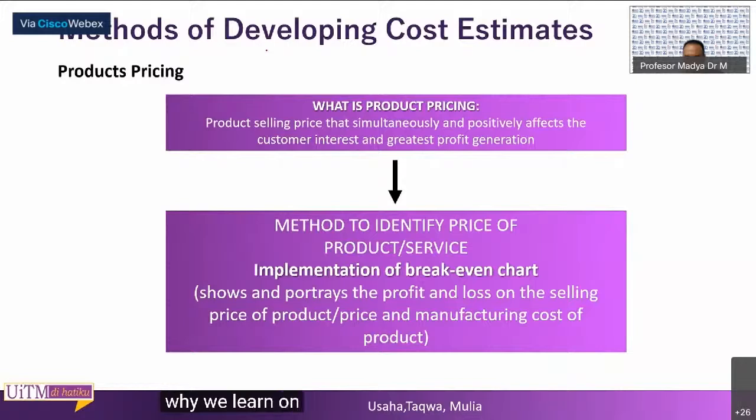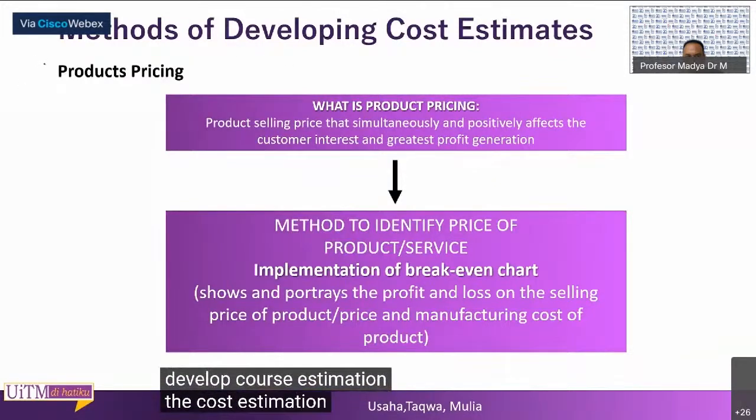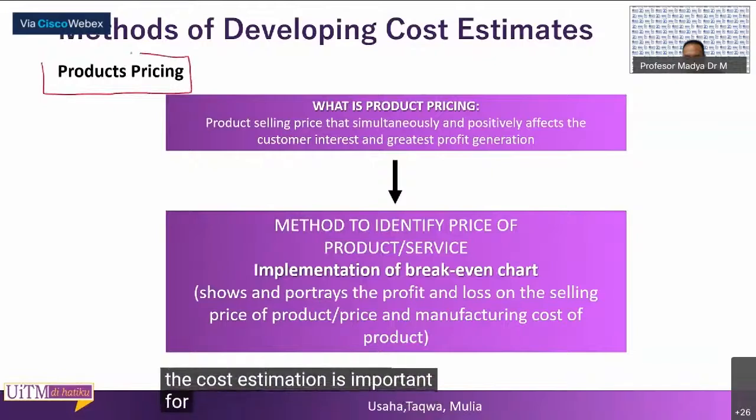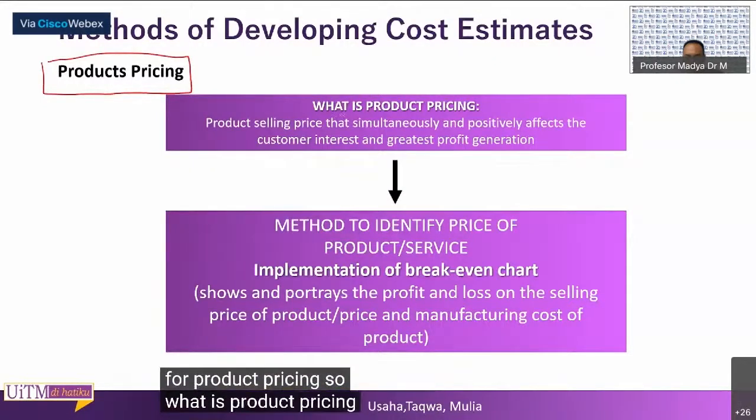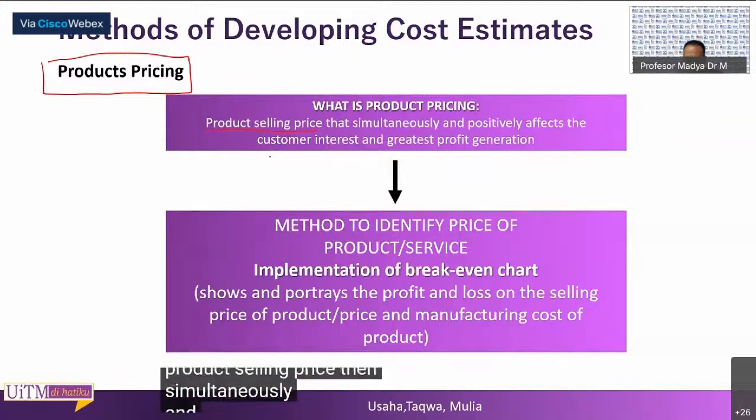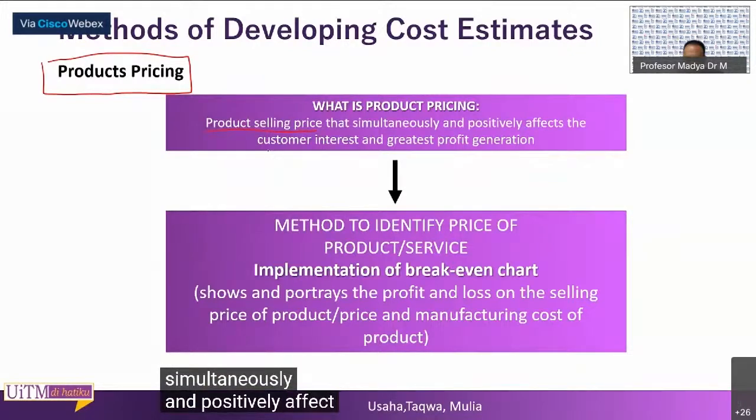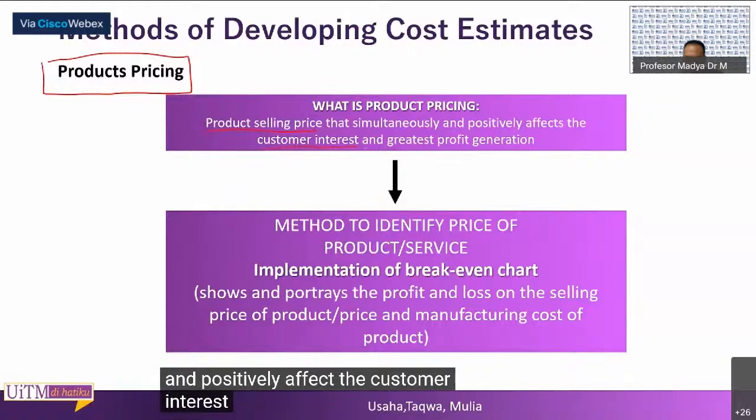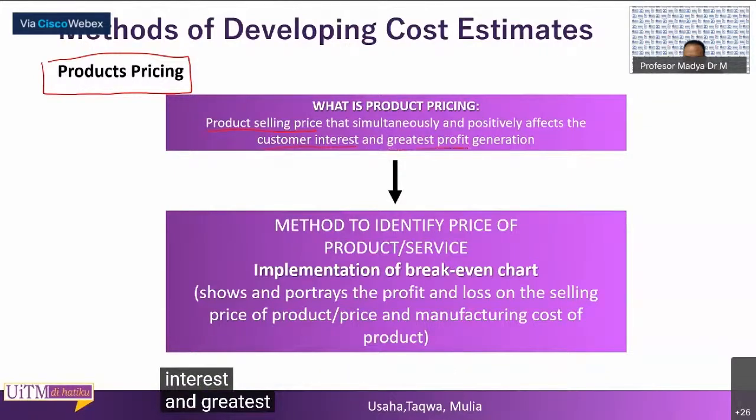Why do we learn about cost? It is because we need to develop cost estimation. The cost estimation is important for product pricing. So what is product pricing? It is the product selling price that simultaneously and positively affects customer interest and greatest profit generation.